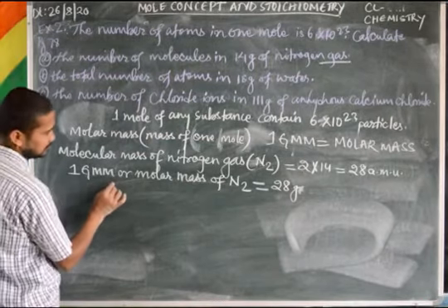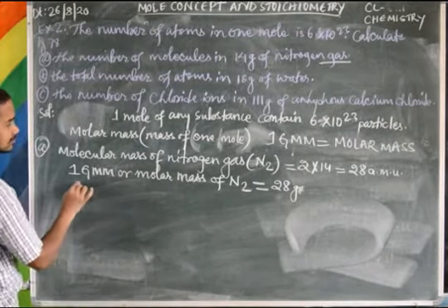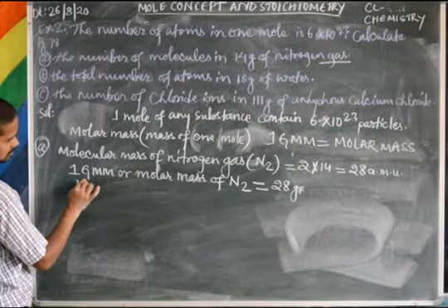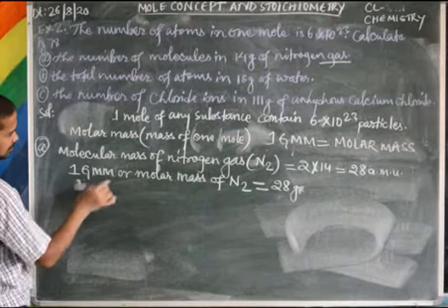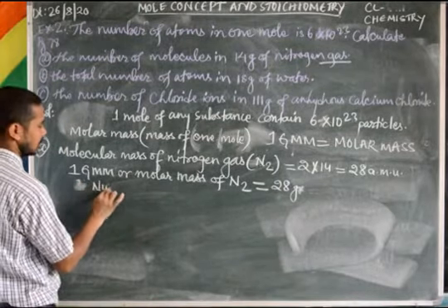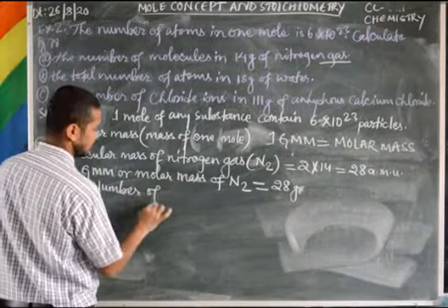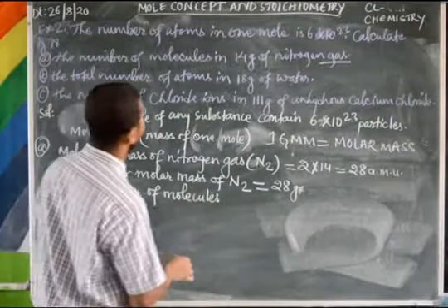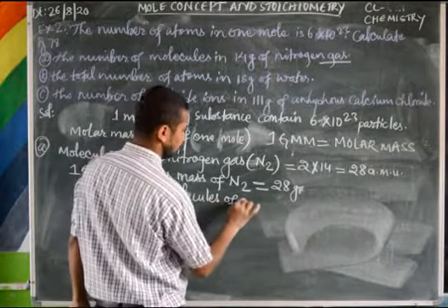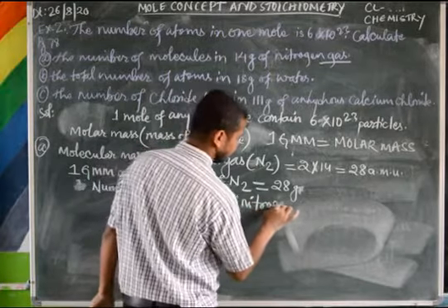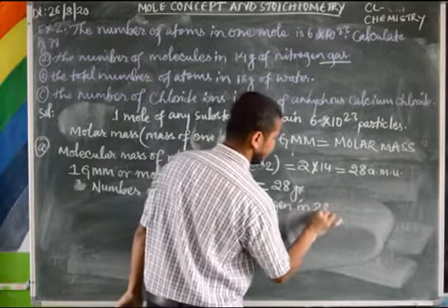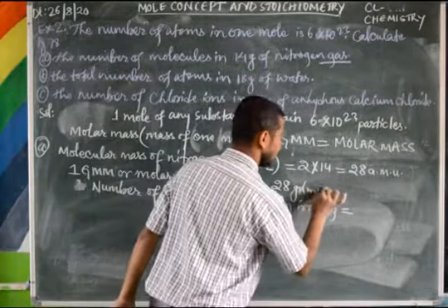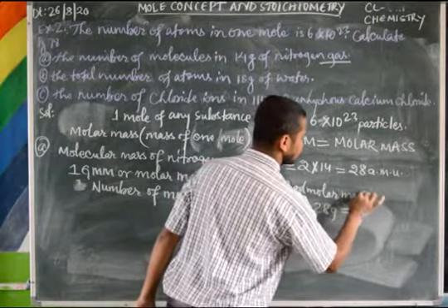This means the number of molecules of nitrogen in 28 gram is equal to... Now this 28 gram is the molar mass for nitrogen.